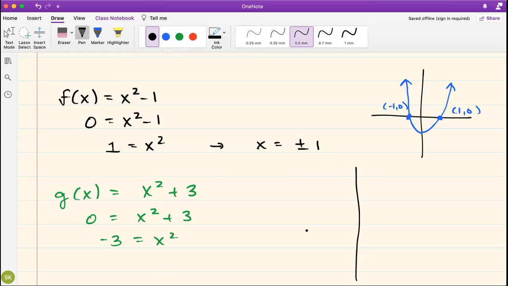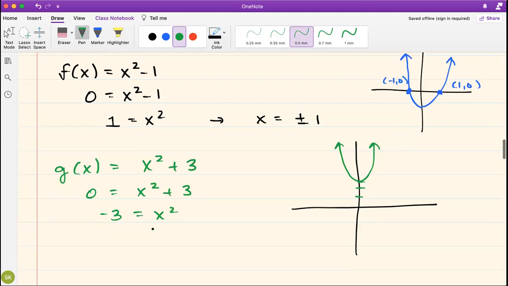If I graphed it, what would this look like? Well, this graph g is the parent function shifted up 3 units. So it would look like this, and you can see it doesn't go through the x-axis. So it has no real solutions. This is not factorable. And if you put the square root in your calculator, you would get an error, because your calculator only deals with real numbers.